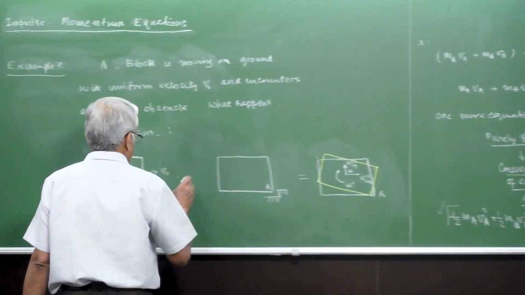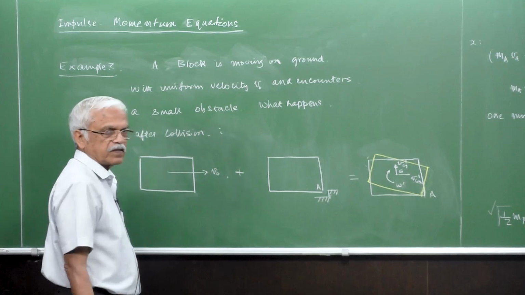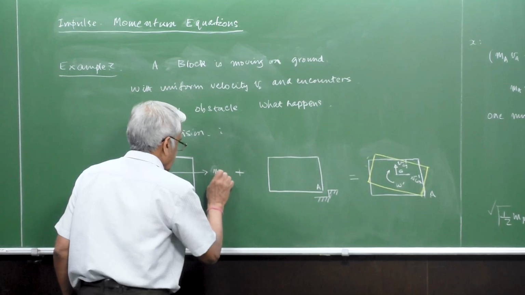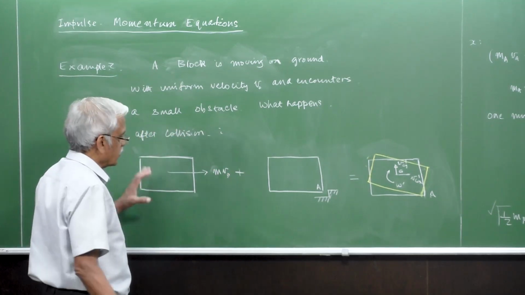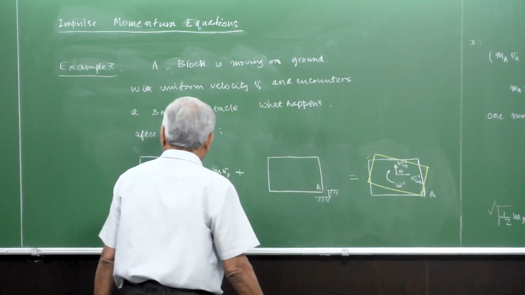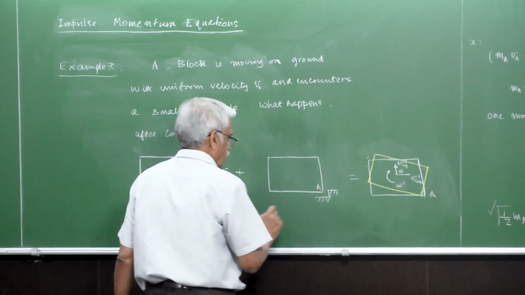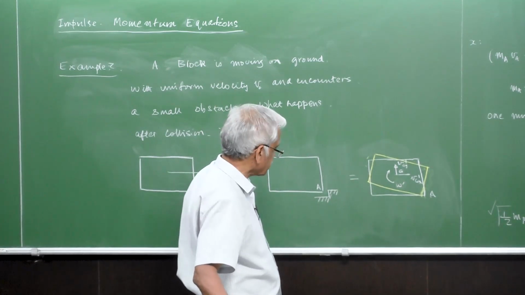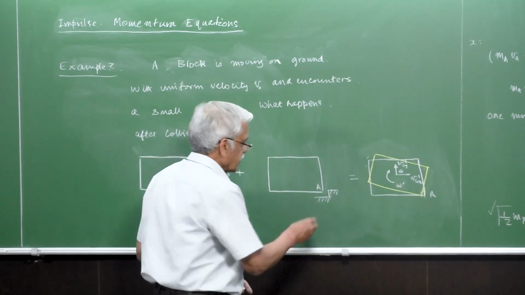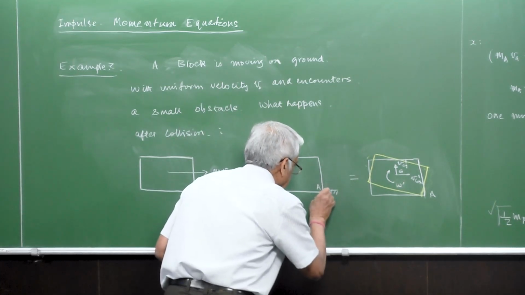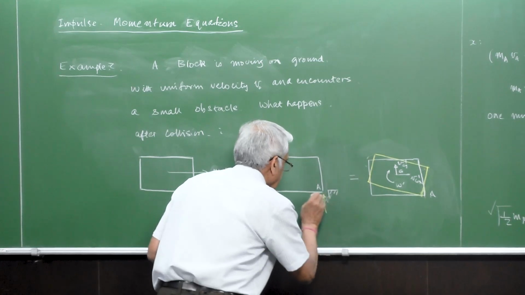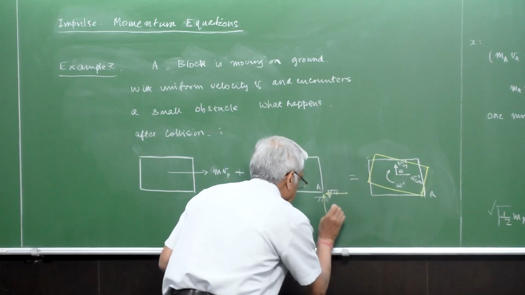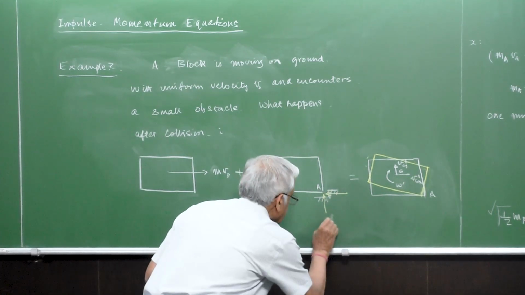So let us see if you want to put it as an equation here in a graphical form. So what we have here is m v naught, purely moving down the horizontal floor, and then here, if you want to remove the obstacle, we have n dt here.